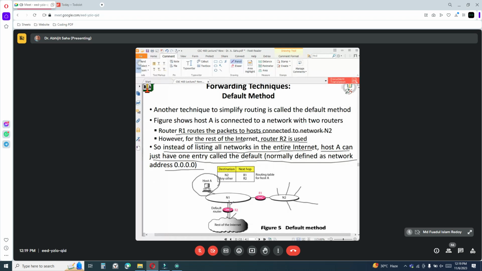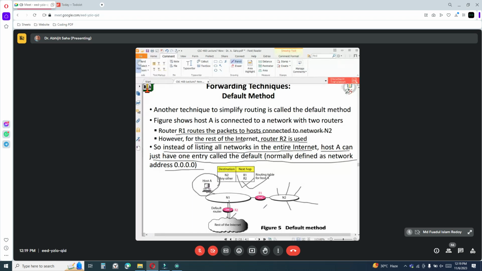If host A can reach a destination computer by a router, then it is going to reach there. But it is not really possible to keep records for every network in the internet in the routing table of host A.